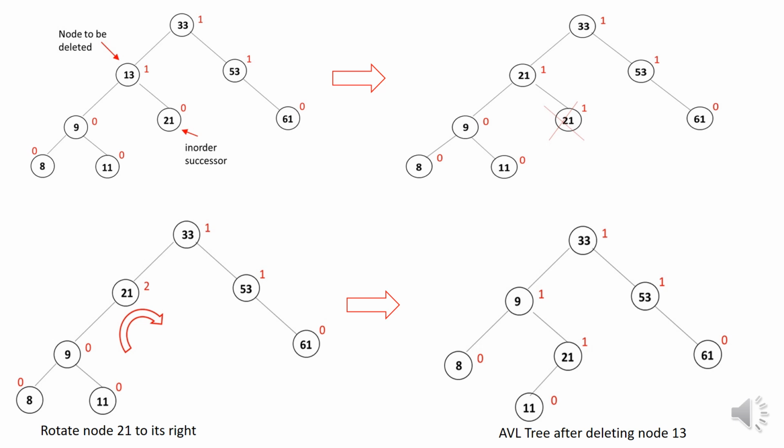Balance factors are all in the range. They are not exceeding 1. So it is an AVL tree. No further rotations are needed. The final figure is a height balanced binary search tree after deletion of node 13.